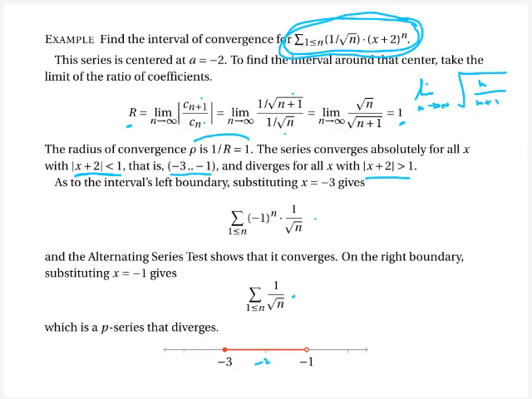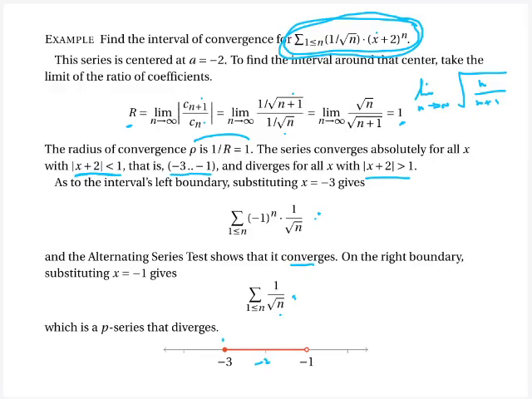If you plug x equals minus 1 into the original series, then you get this. And you can see here that we're looking at an alternating p-series, so it converges because of the alternating p-series test. And here you can see that this is a regular p-series and that it diverges because of the regular p-series test.